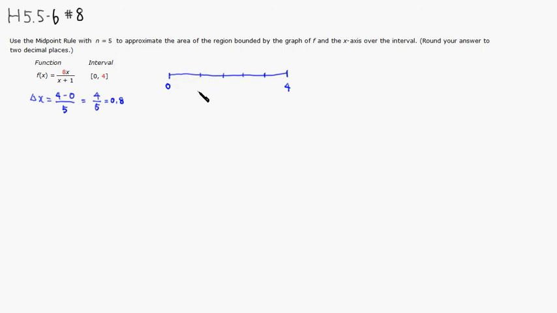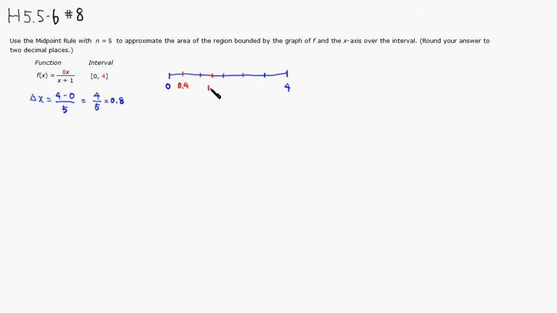Since we're using a midpoint, this point right here is in the middle, so that will be 0.4. Actually, it's kind of hard to see, maybe I'll use a different color. So this is 0.4 here, and the midpoints, we just keep on adding 0.8.